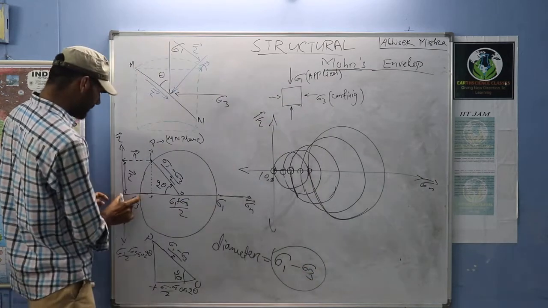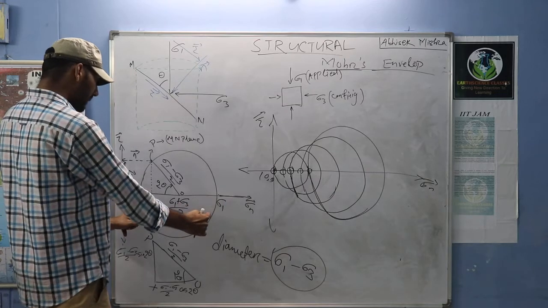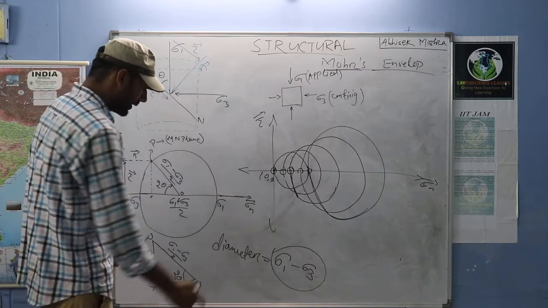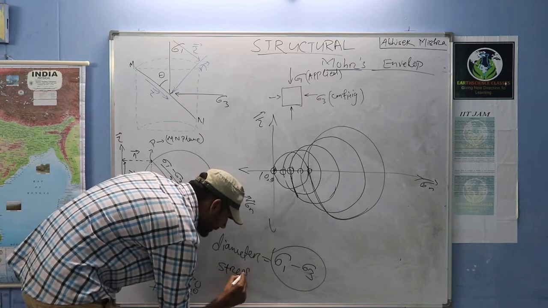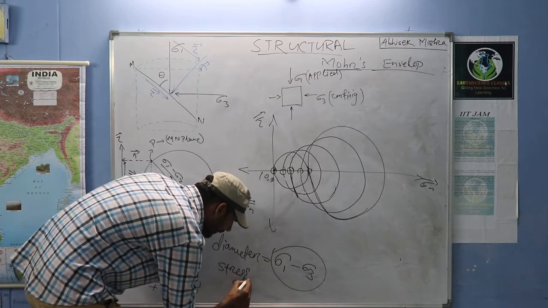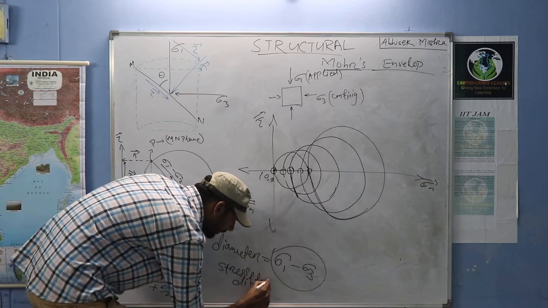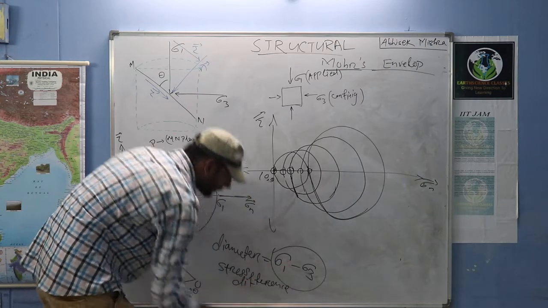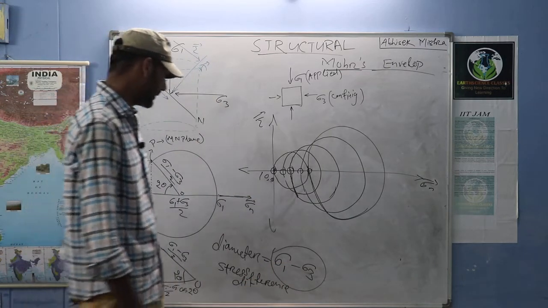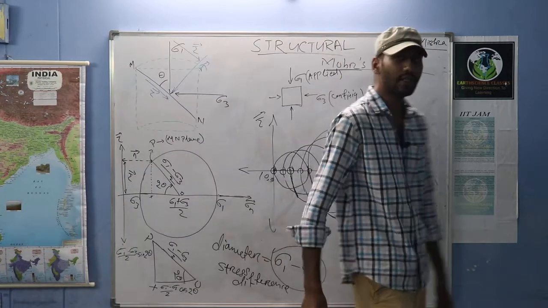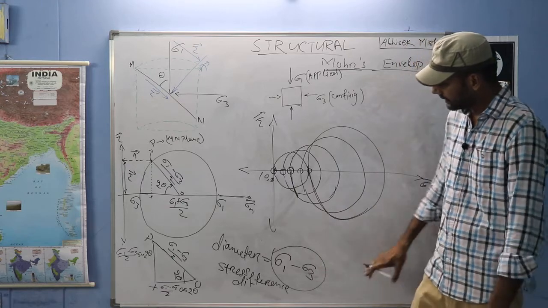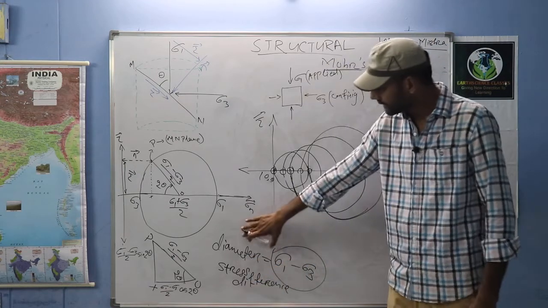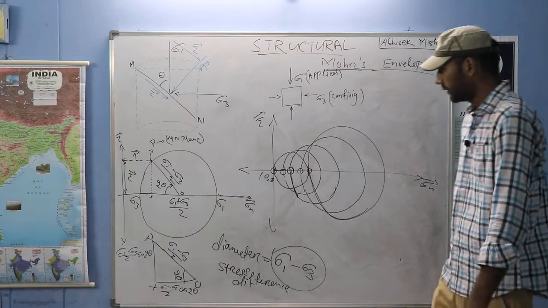You can see this is sigma 3, this is sigma 1, so this will become sigma 1 minus sigma 3, which is known as stress difference. That means the difference between maximum principal stress and the minimum principal stress is known as the stress difference, which is the diameter of the Mohr circle.